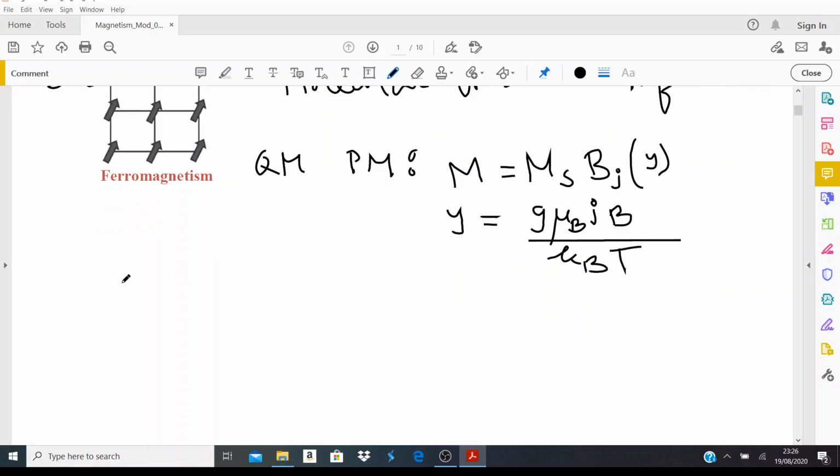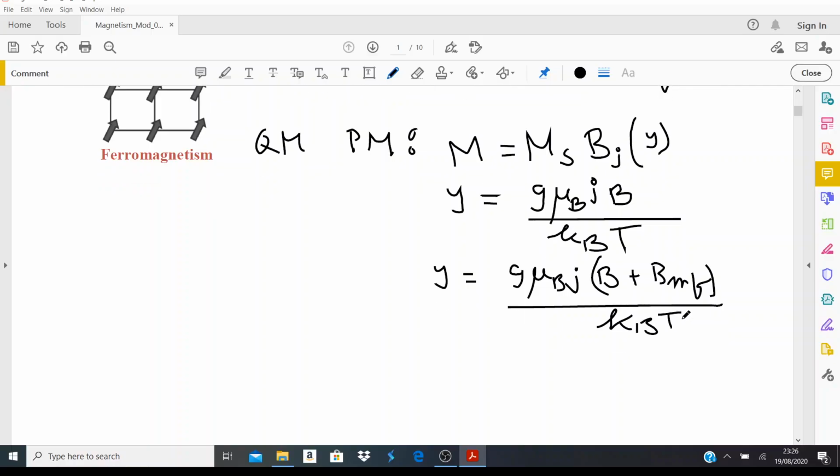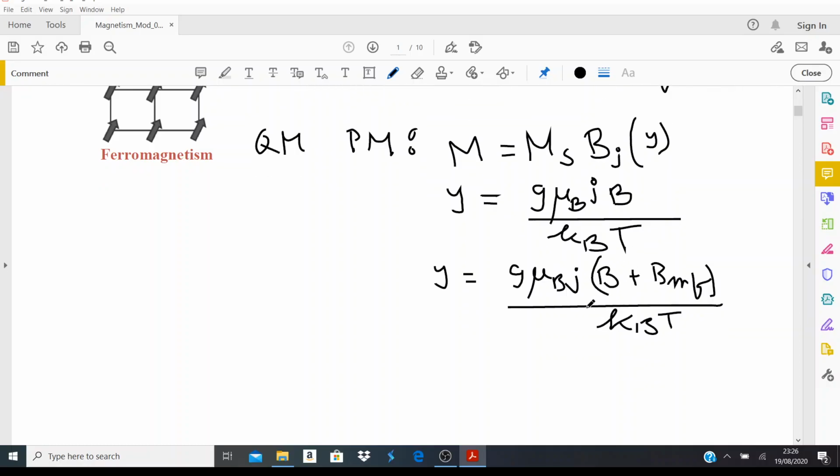So in that consideration, you can see y now changes into g mu_B J (B plus BMF) divided by kBT, right? You will see why I am doing this replacement. Now, for a ferromagnetic discussion, the external magnetic field is 0. So for a ferromagnetic discussion, we don't have this B, that's 0, right?